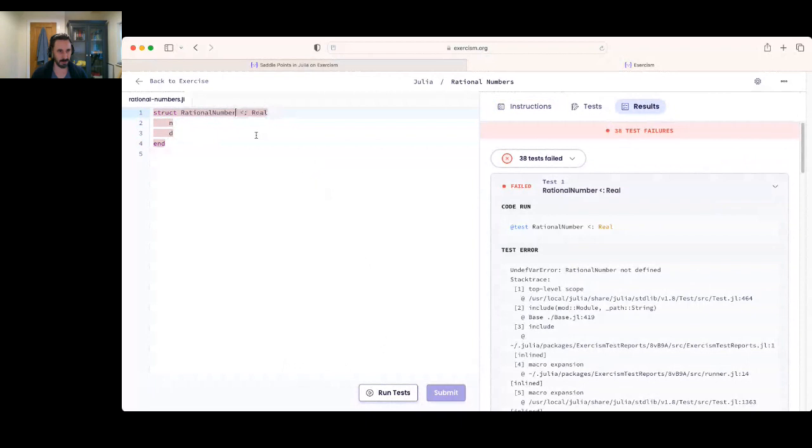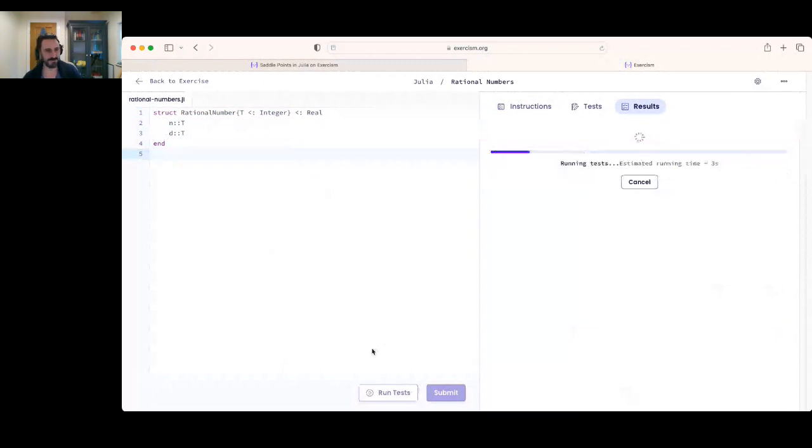We can have Int64s and Int32s, so we could just say T needs to be an integer. And so that can be T. That can be T. There we go. Done. All right, let's run tests, see what happens. I'm obviously joking. That's never going to work.